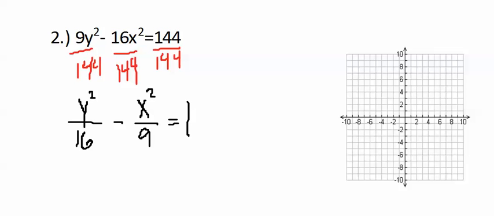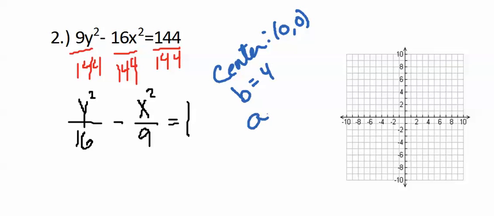Again, a couple of things that you're going to note right away. First of all, we're going to start with our center at 0, 0. B will be 4. A will be 3. And because it starts with a Y, we know it's going to open up and down.